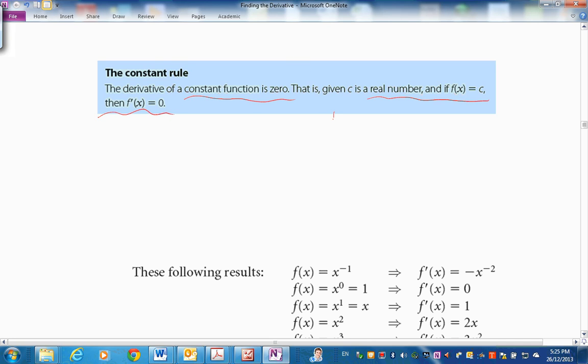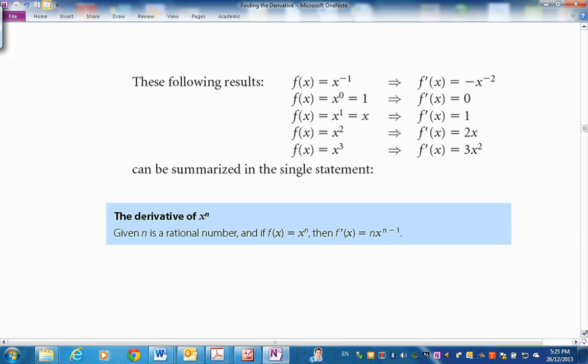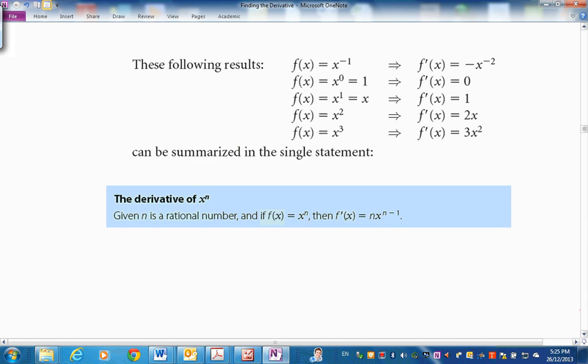The idea is that f(x) = c is a line like this through the value (0, c), and the slopes of all the tangents will be 0. f'(x) will be parallel to the x-axis, will be 0.